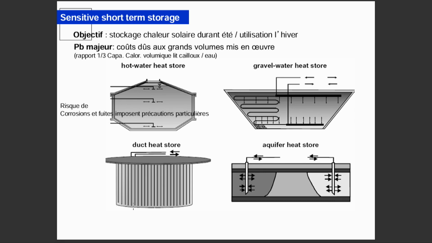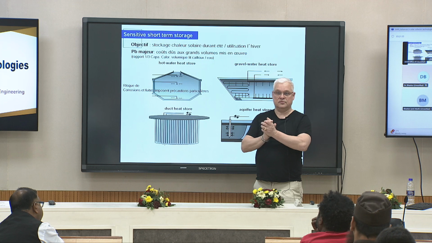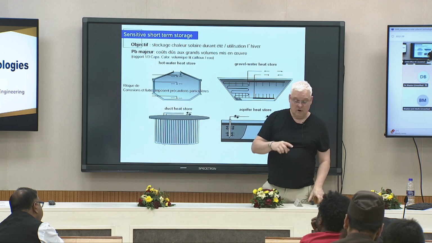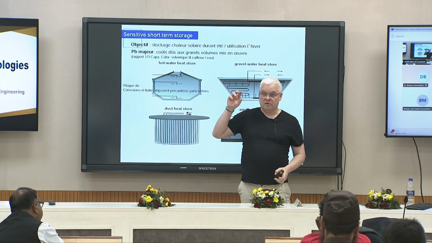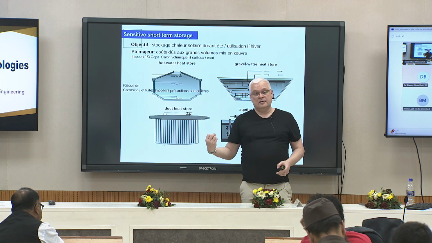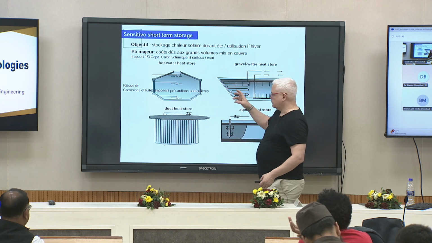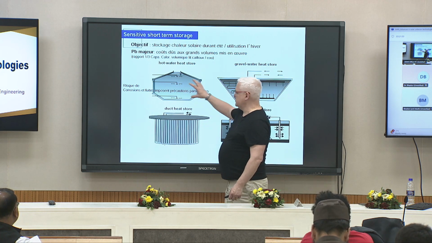When we go to a bigger scale, because sensible heat could be at the scale of a house, okay, domestic hot water, heating, but of course at the time of seasonal storage, as I told you, usually we are producing a lot during summer and we need a lot during winter. So at the bigger scale, it is underground.